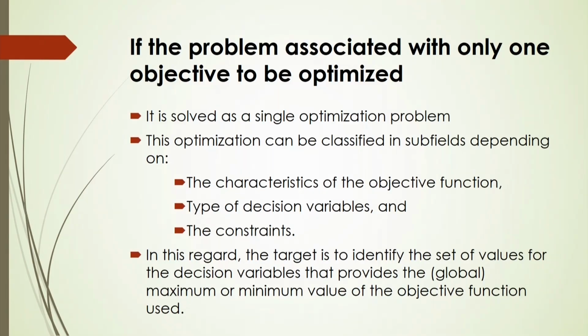Types of decision variables may be chosen based on the suitability of phenomena, and the type of constraints you consider should also be taken into account. In this regard, the target is to identify the set of values for the decision variables that provides the global maximum or minimum value of the objective function being used.